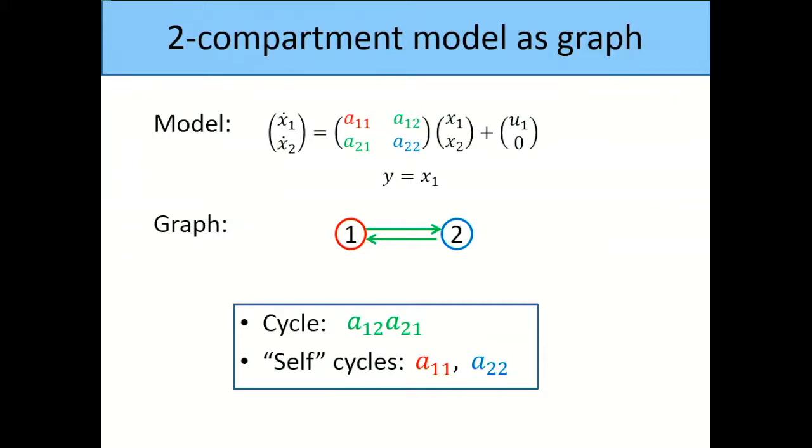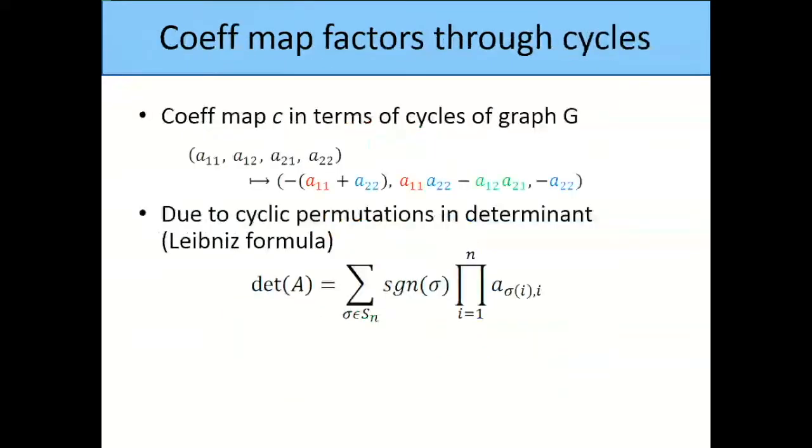We can associate this cycle between vertices 1 and 2 with the monomial a12 times a21, and likewise, we can associate the monomials a11 and a22 with self-cycles around 1 and around 2. So these three identifiable functions correspond to the cycles in the graph, which is actually kind of nice. And this is not just true for this model.